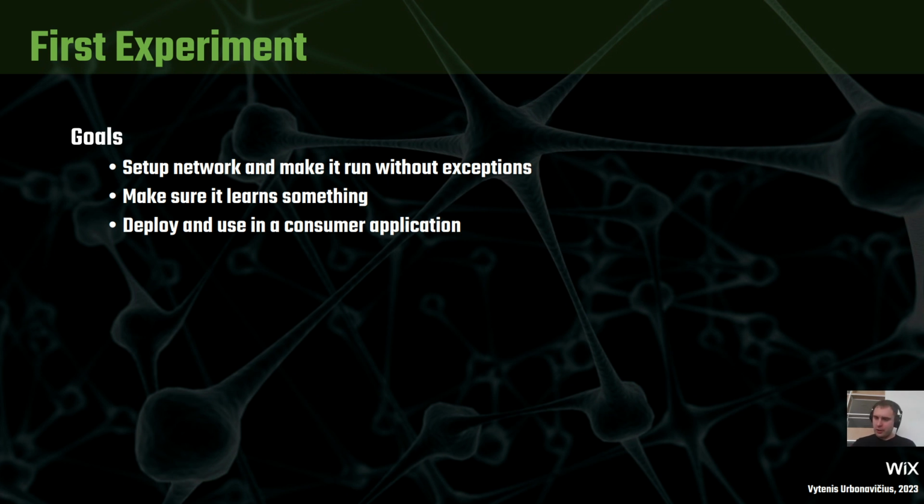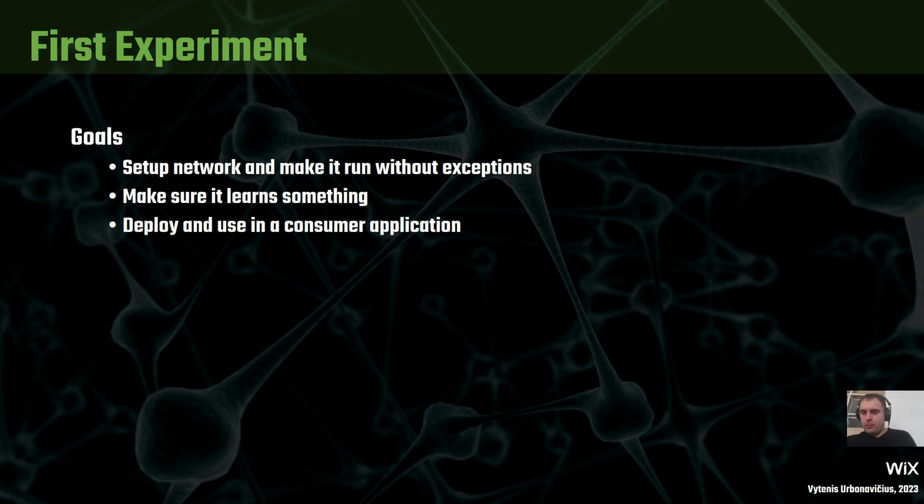My initial thought was that I want to solve some super simple problem. I wanted to make sure that I can write a working algorithm, and I wanted to be able to deploy it somewhere. Since I'm a front-end engineer, I deploy it to a web application, but you can deploy it anywhere essentially.